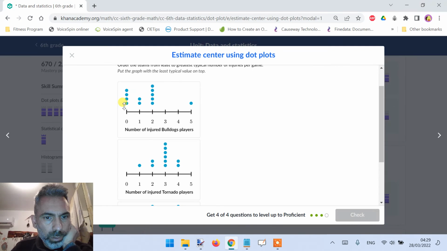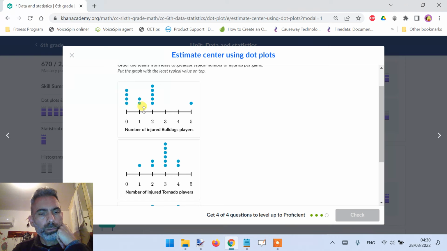Here the bulk is number of injured players. Okay, so 0 games had 4 injuries, 2 games had 1 injury, 5 games had 2 injuries.